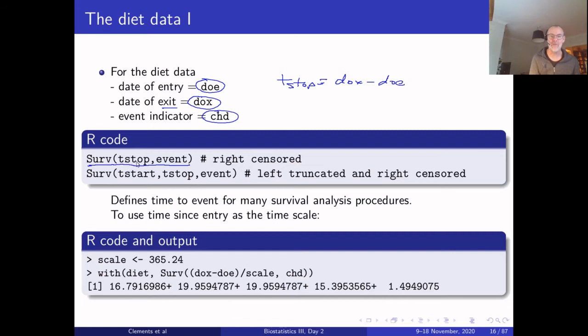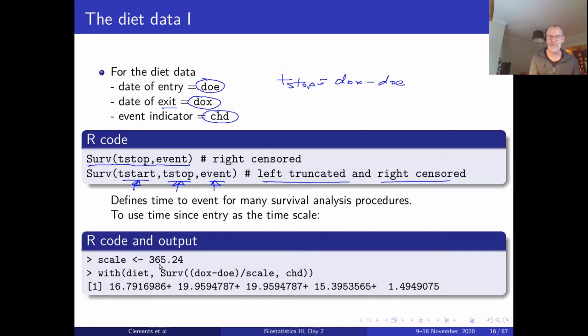The follow-up time and the event indicator means that you have right censored data, but if you have a t-start and a t-stop and an event indicator, then this shows that it's left truncated and right censored. This is when they enter, this is when they exit, and this is what the event is.